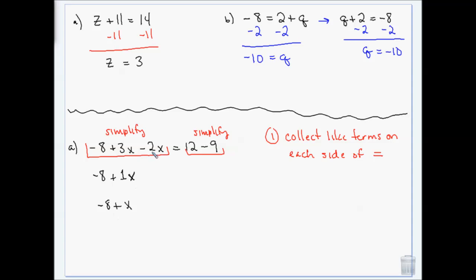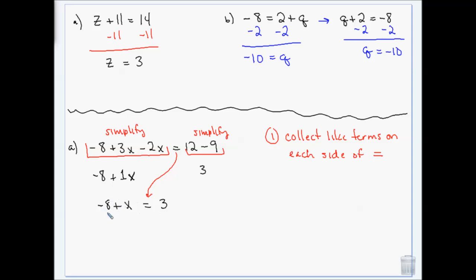Negative 2 and minus 2 are the same thing. Writing the 1 is more accurate, but we don't like to throw the ones in there because that's more to write. And then 12 minus 9 is 3. So that's 3. And then I just carry the equal sign down. I didn't do anything with it. It's just still there.